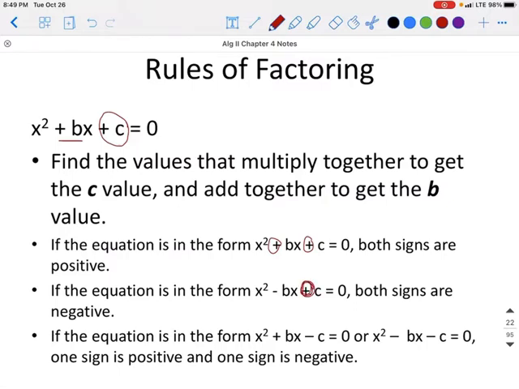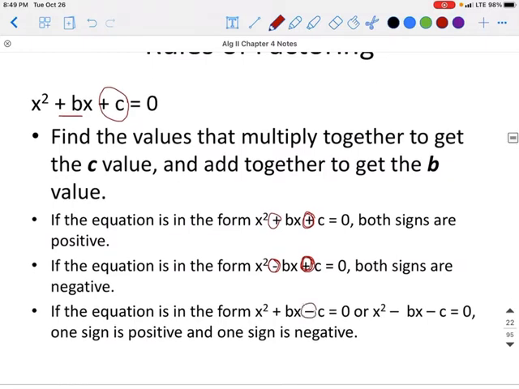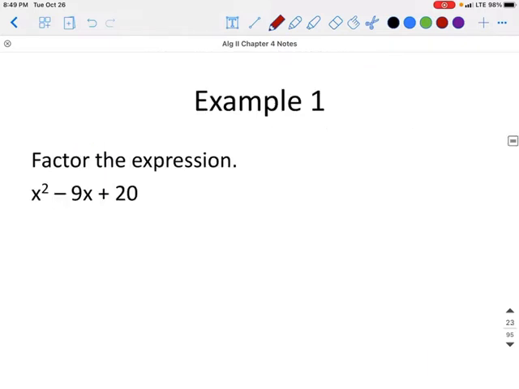If c is positive, it means the signs will be the same, and then the sign in front of b will tell you if both are going to be positive or both are going to be negative. If c is negative, it means you're going to have one of each sign. There will be one positive term and one negative term.